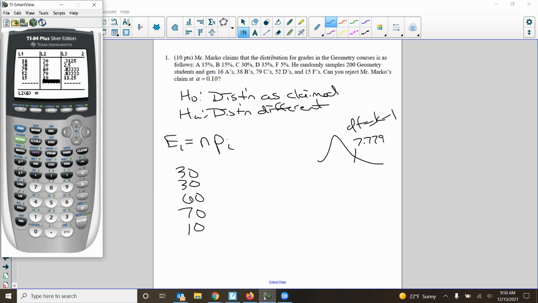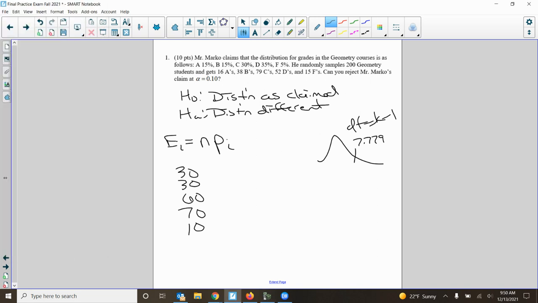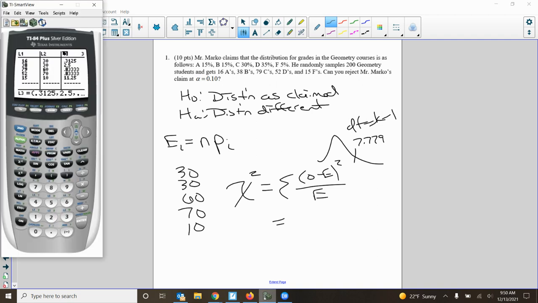I'm going to go over here to L3. And if you recall, chi-squared is the sum of O minus E squared over E. So I have to calculate list 3 and then do the sum, the one variable stats on list 3, look for the sum. So I go to the L3 up here, it's in black. I hit enter, and then the cursor starts blinking.